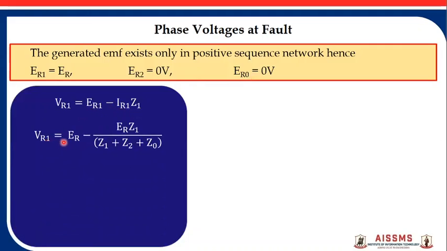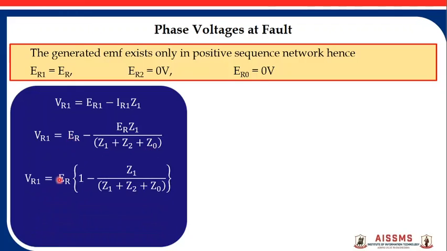We have the equation of IR1, which is ER divided by Z1 plus Z2 plus Z0. So VR1 will become ER minus ER into Z1 divided by Z1 plus Z2 plus Z0. Simplify this.